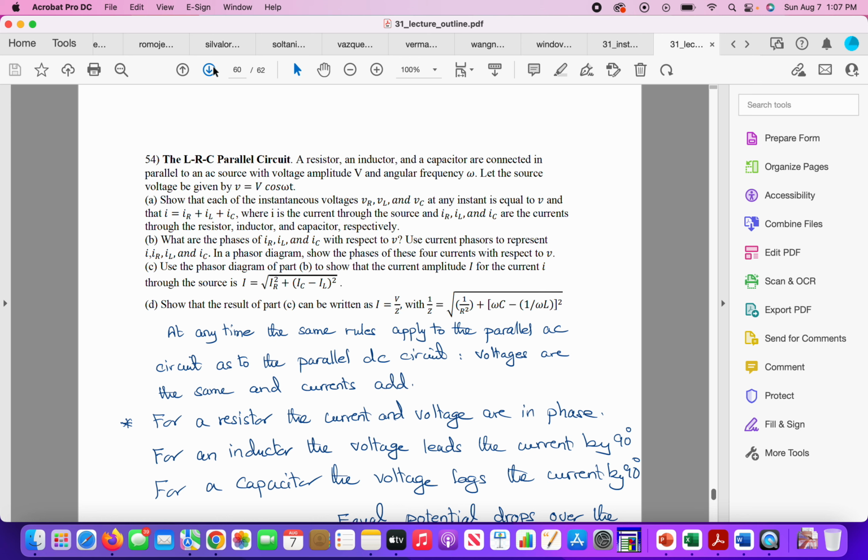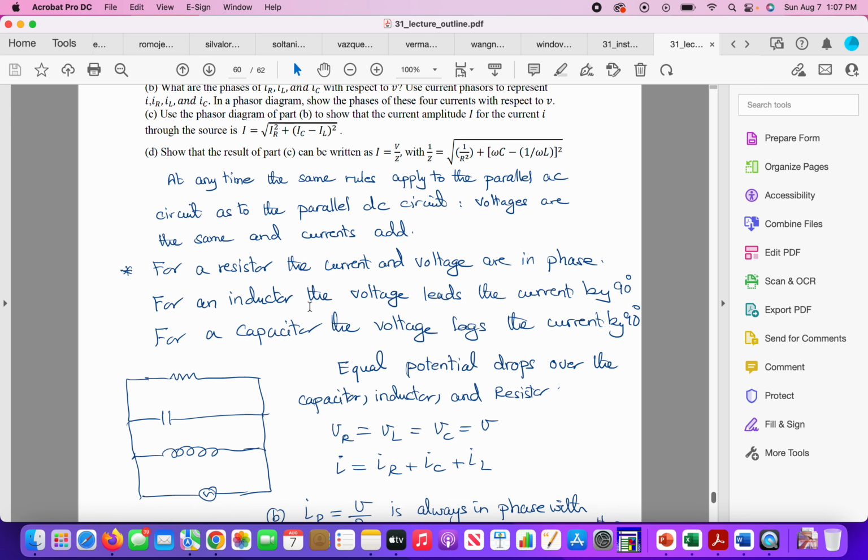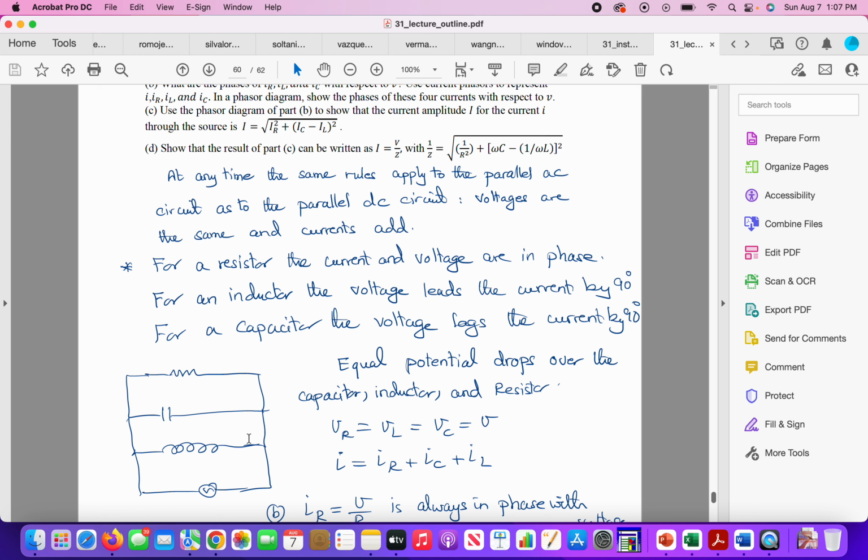Now, for this parallel circuit, all of them are connected in parallel with the source. The same rules apply to a parallel AC circuit as to a DC circuit: voltages are the same and currents add up.